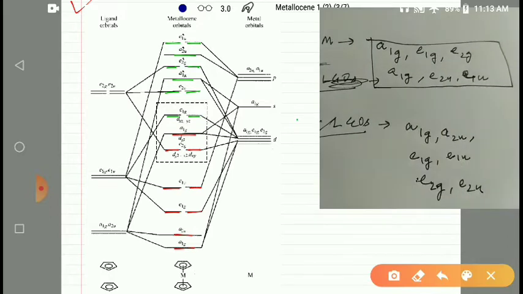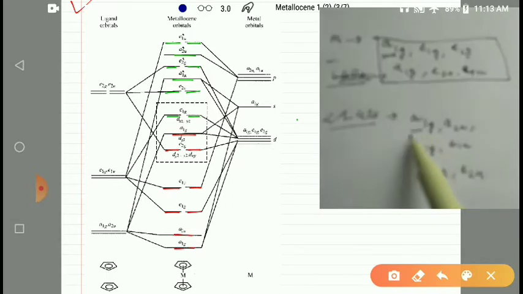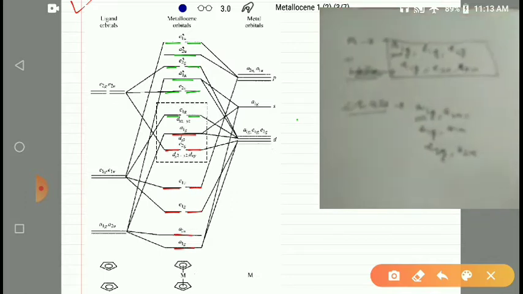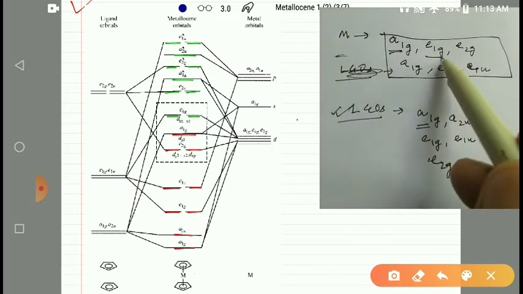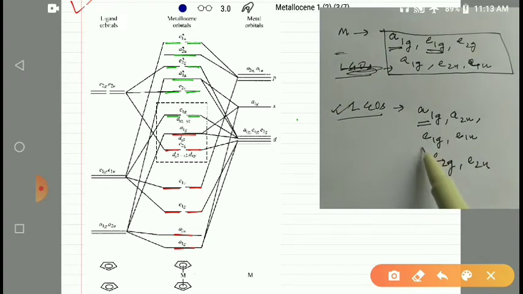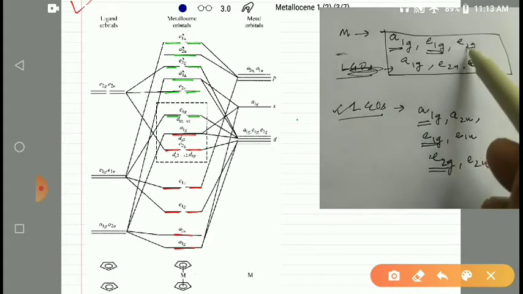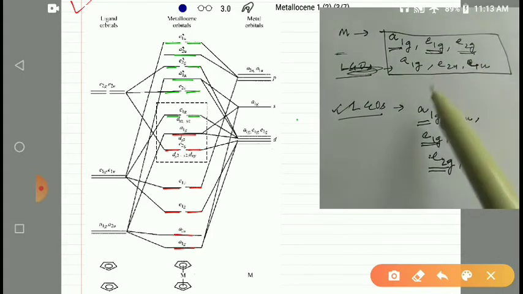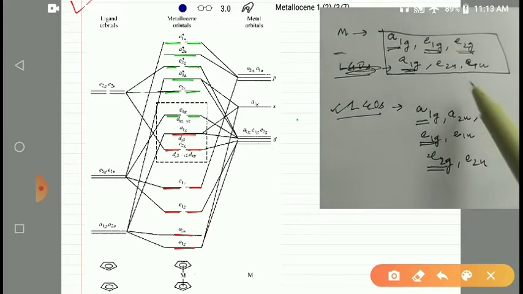So if you notice, A1G is present here, and here also A1G is present. And E1G is present here, here E1G is present, E2G is present here also. Okay, so A1G again, and this one same thing.